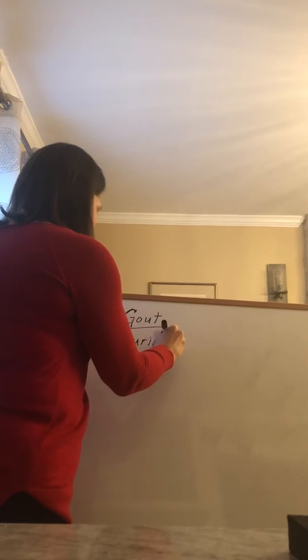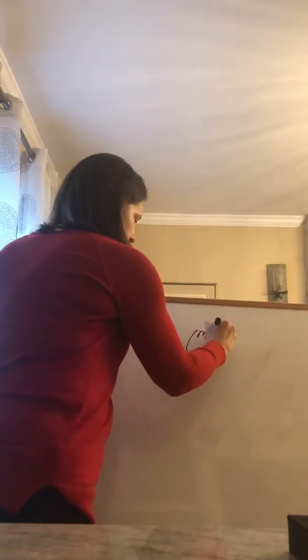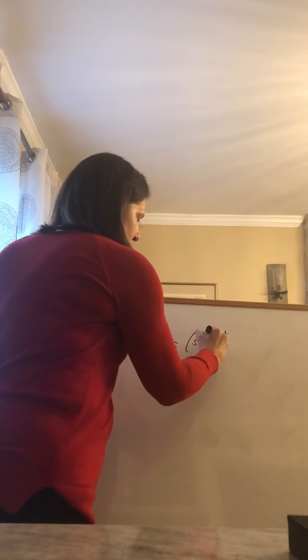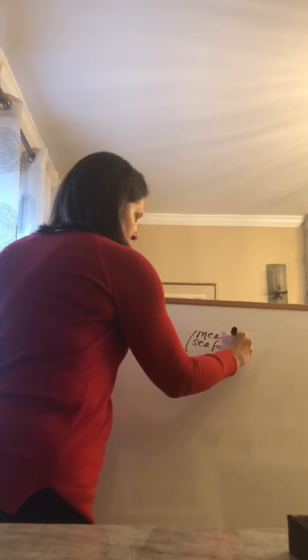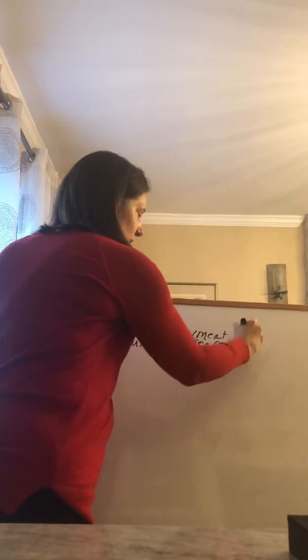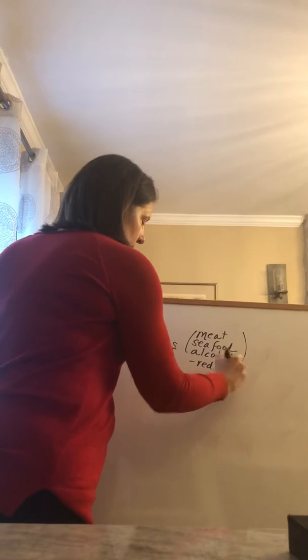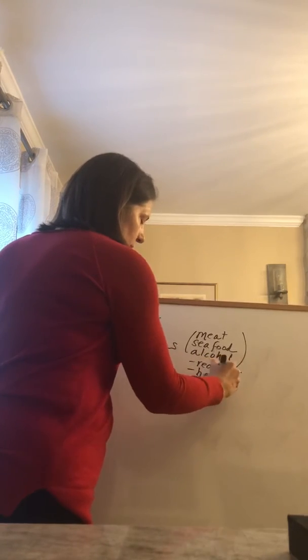Gout is connected to the level of purines in certain food products, things like meat, certain seafood, certain types of alcohol, red wine, beer. And it's also thought that there is a genetic component to gout as well.